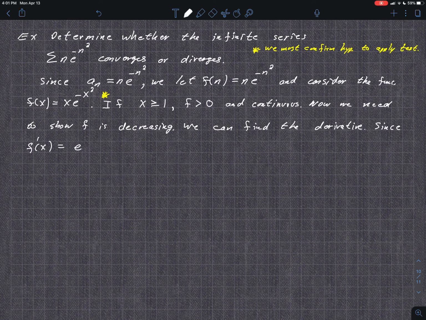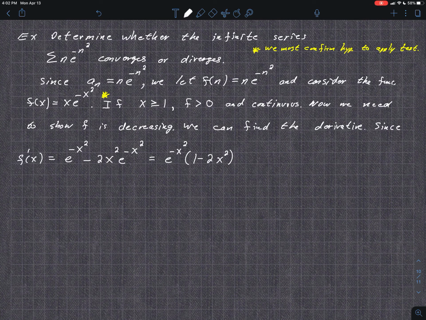The derivative of x is just 1, so you get 1 times e to the negative x squared minus the x times the derivative of e to the negative x squared, which will be negative 2x squared e to the negative x squared. Then we can factor out e to the negative x squared. Then we're left with 1 minus 2x squared.